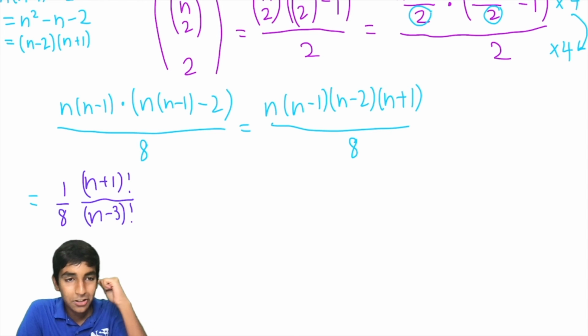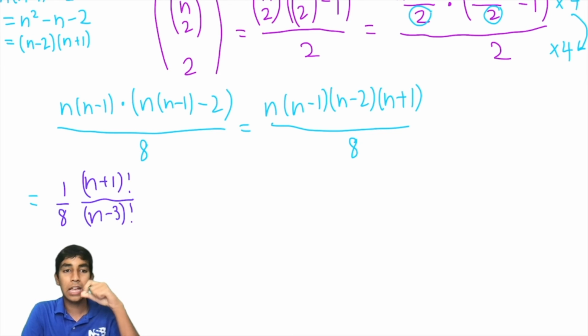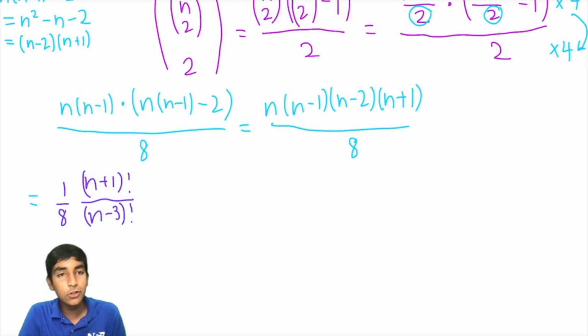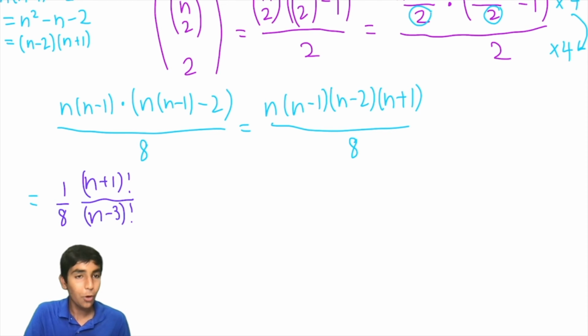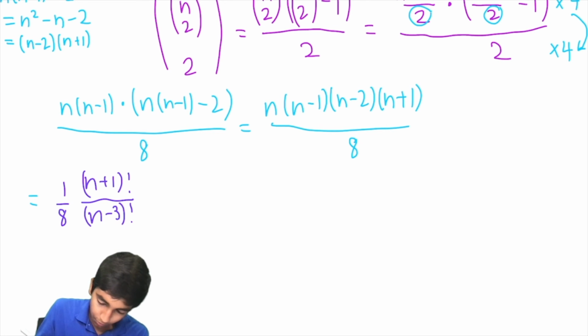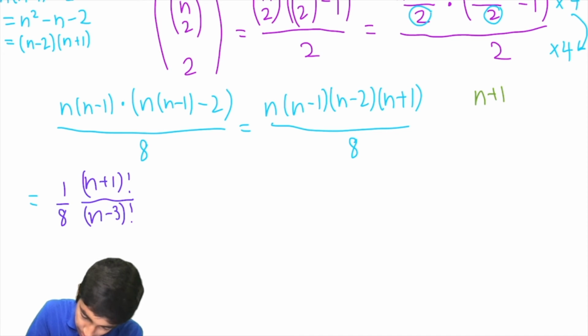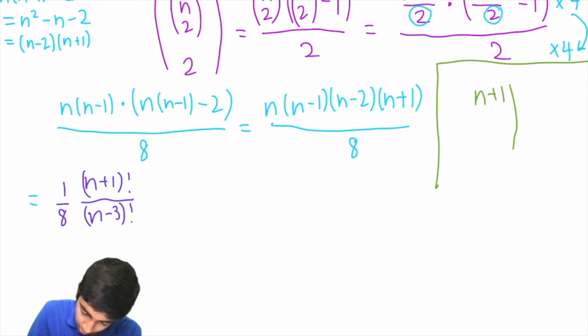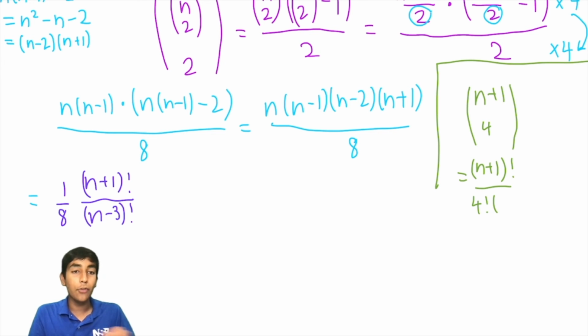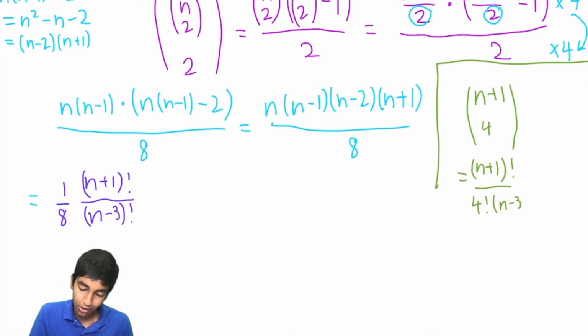Now, we're oddly close to the expression for choose. Can we somehow make this a choose term? It's almost looking like n plus 1 choose 4. Very close, except it's missing just one term, and that term is 4 factorial. So, as you can see, n plus 1 choose 4 is equal to n plus 1 factorial over 4 factorial times n plus 1 minus 4 factorial, which is n minus 3 factorial.